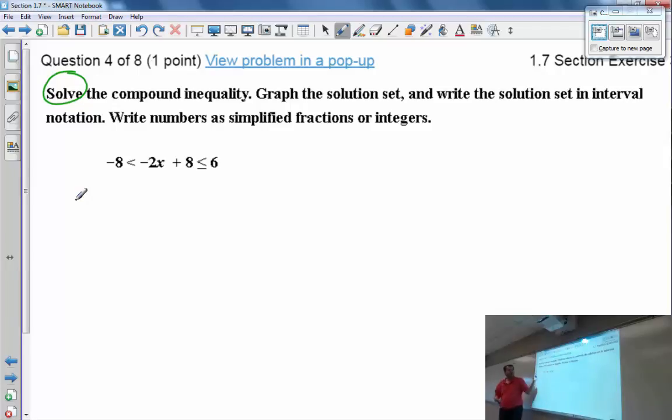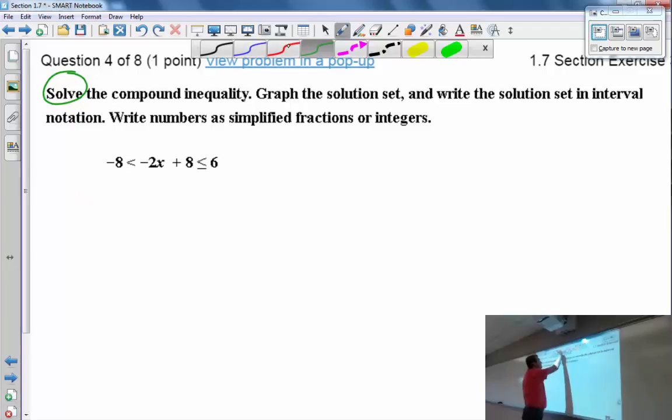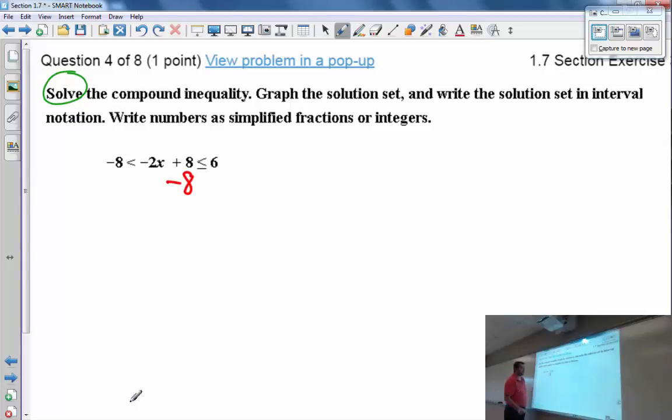Okay? 8 is gone first by doing what? How do I get rid of it? -8? Where? Here? Where else? You need to put it on the other side as well, right? On which side? Both. Not only to the right, but also to the left. All three parts, middle, left, and right, must get one -8. Okay?